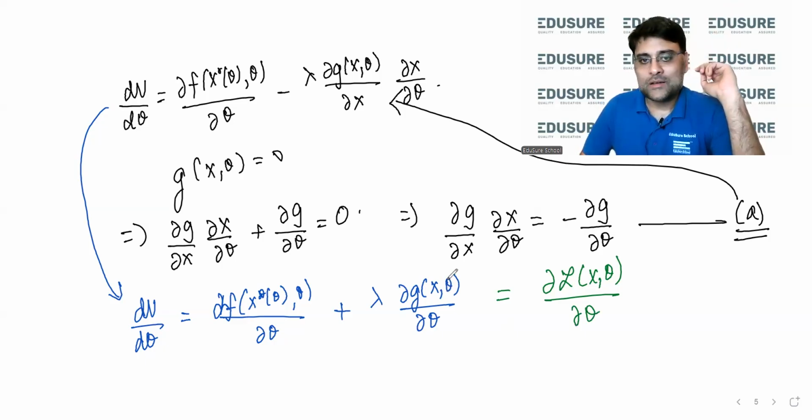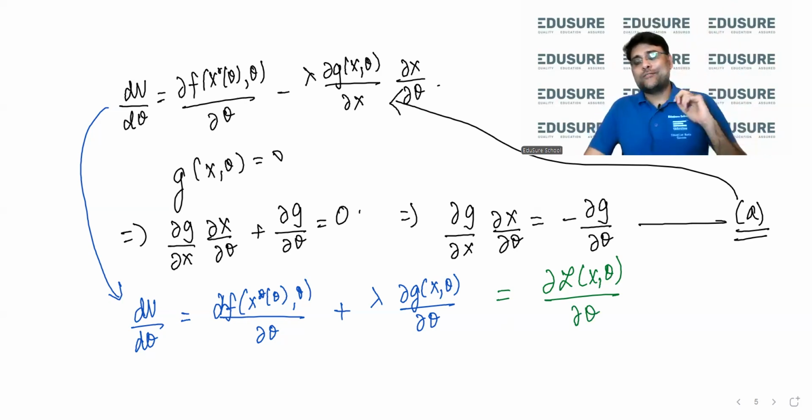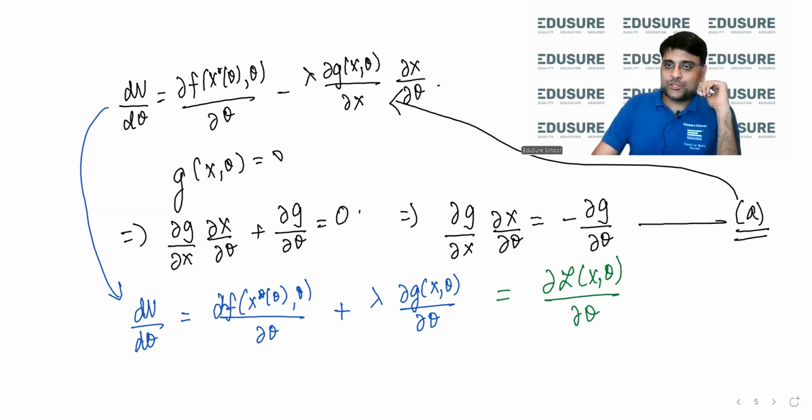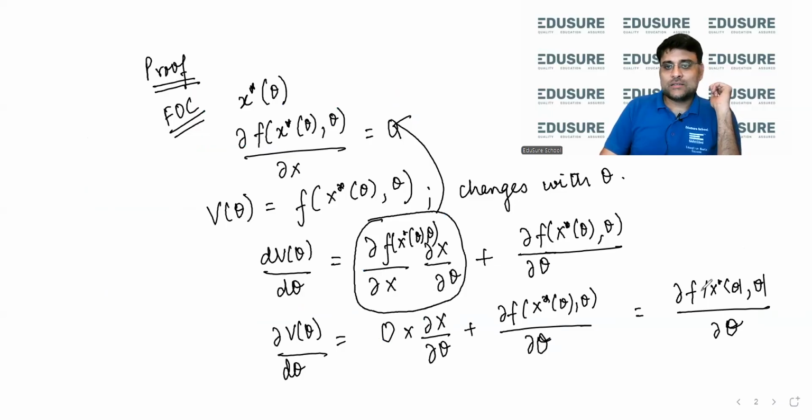So what we get is an amazing result again, that the value function differentiated with theta is equal to the Lagrange differentiated with theta. Okay, it's nothing but equal to the Lagrange differentiated with theta. So dV d theta we first got as del f del theta at the optimal, right?